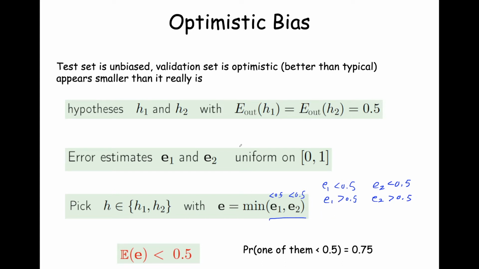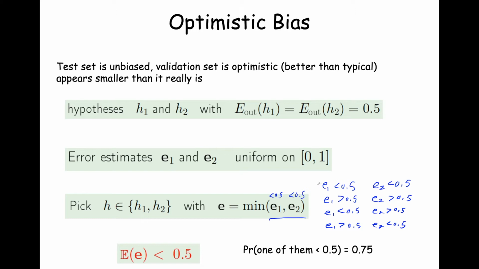But then we can have this other scenario, E1 is less than 0.5, and at the same time, E2 is greater than 0.5. Well, that satisfies the case that at least one is less than 0.5. And then we also have the converse, E1 is greater than 0.5, and at the same time, E2 is going to be less than 0.5.